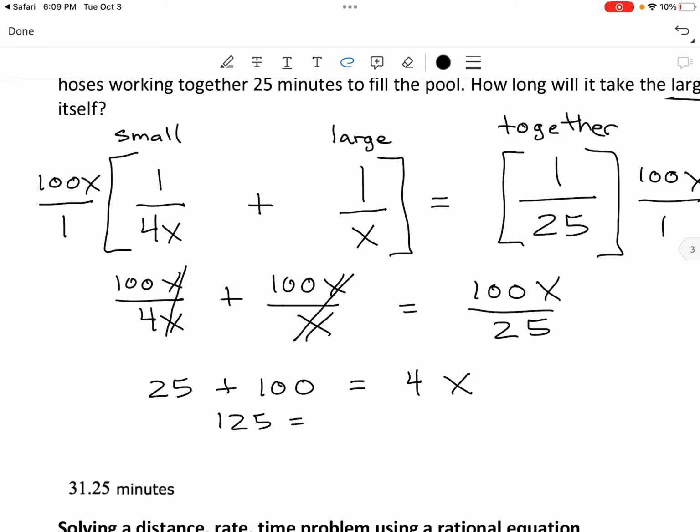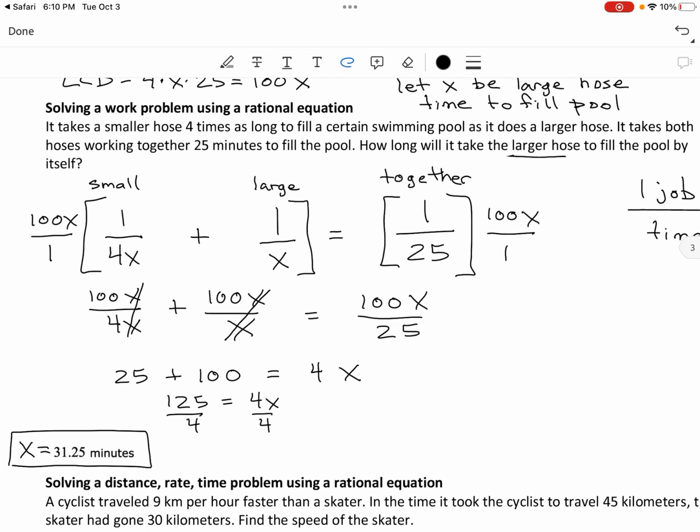This is 125. This is 4x, and now we divide by 4. And so again, 125 divided by 4 equals 31.25. And so that's where this answer came from. Again, x means that it'll take 31.25 minutes for the large hose to do the job by itself.